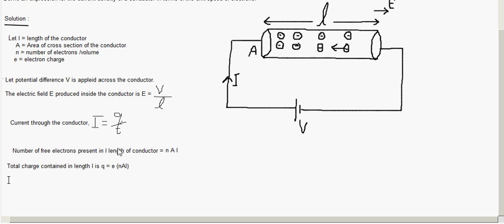So we got Q. Now we will find out what is t. Let Vd be the drift speed of electrons.